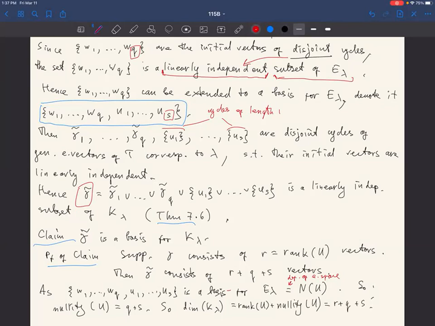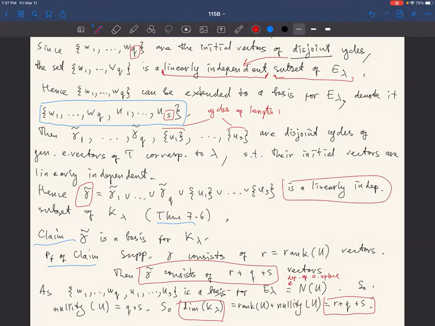Okay, but now look, we have two things. We have the dimension of all of K lambda is given by R plus Q plus S, right? But also the size of gamma tilde is the same, R plus Q plus S. And gamma tilde is linearly independent. So this we know, right? Gamma tilde is a linearly independent set. So we found a linearly independent set of full dimension. So it is a basis.